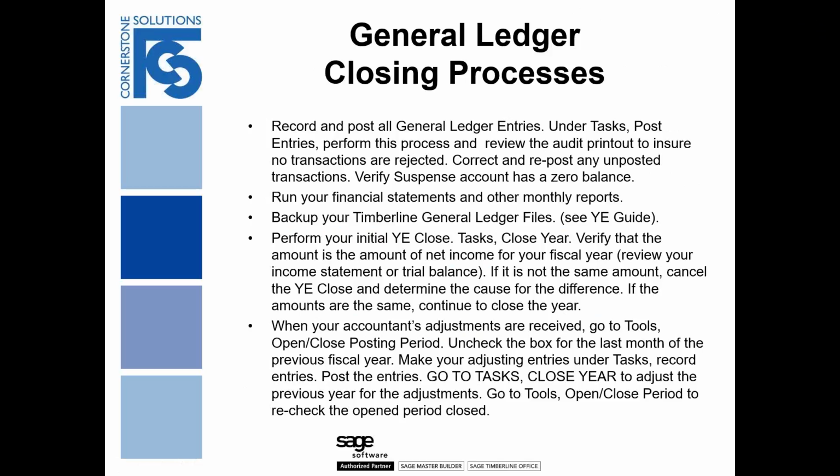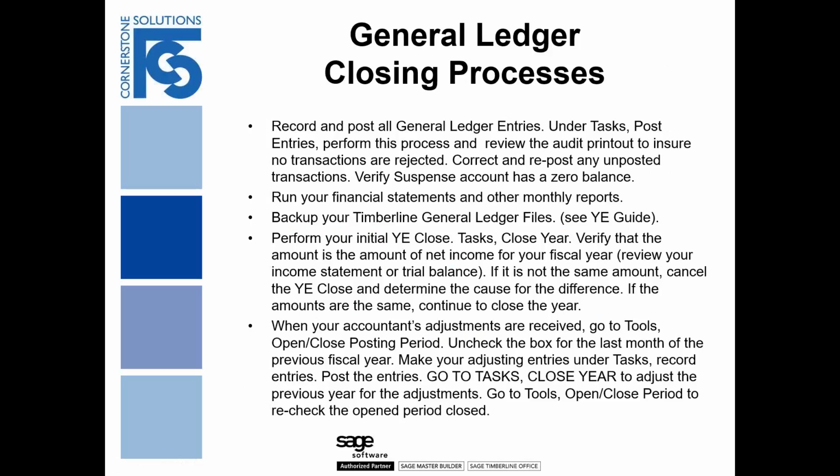It's not going to stop you from processing anything in 2017 if you haven't closed the year. The only thing that you won't be able to do if you don't close the year is print financial statements for the month of January. Because you can print financial statements for your current month and prior months. You cannot print financial statements for future months.